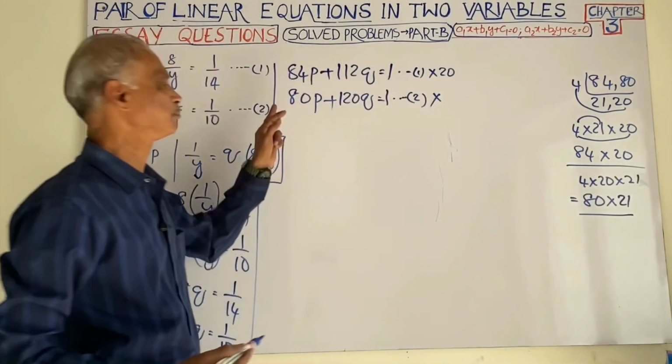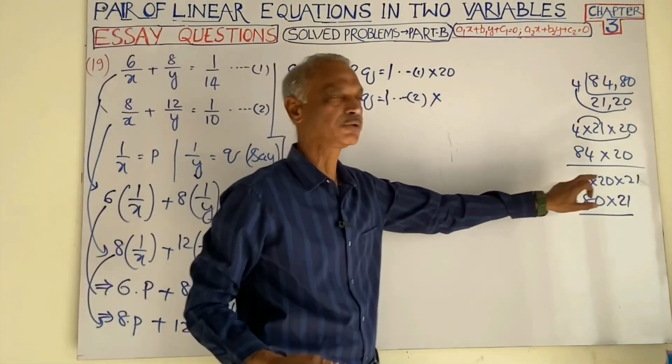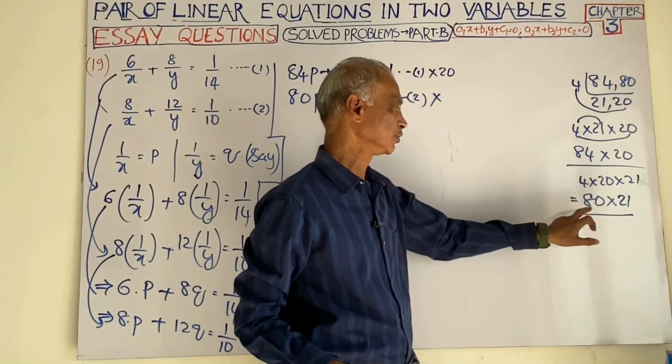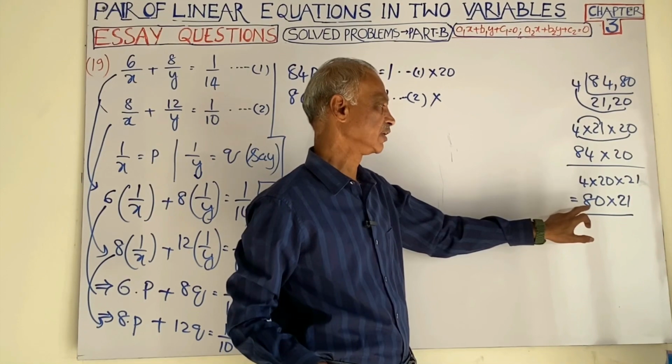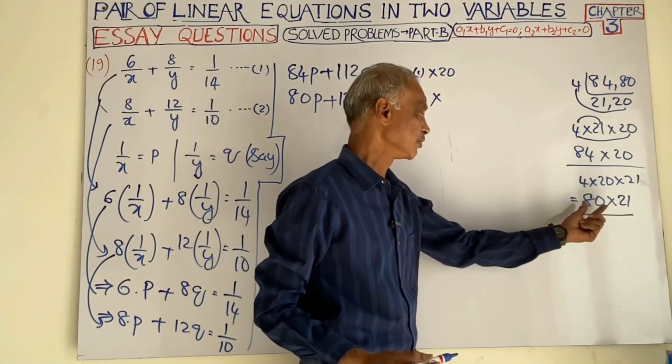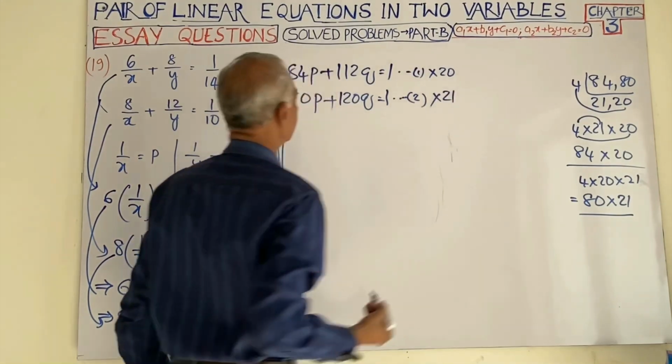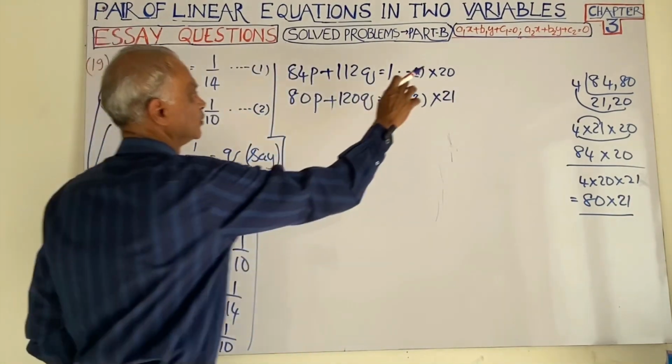Now we have to multiply. 4 into 20 into 21. We have to multiply 4 into 2, 4 2s are 8. 80 into 21. We have to multiply it with 21. Now you see 2.